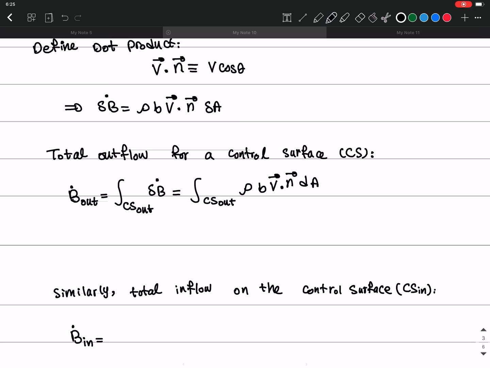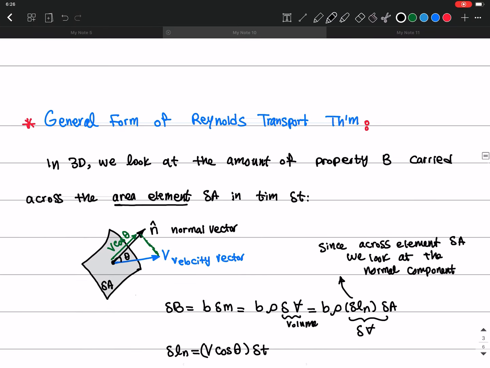and because this is inflow, this is a convention that we define here, and you can follow this convention. The convention is when something goes out of any control volume, that has a positive sign, but when it goes into the control volume, that has a negative sign. So when it goes out, we write this as positive. V dot N is positive.